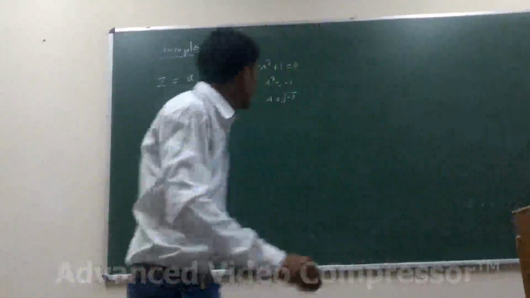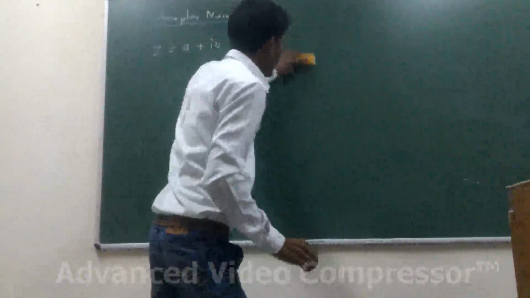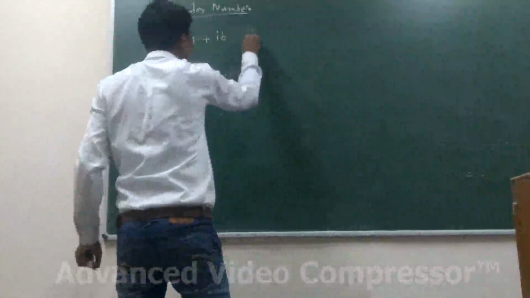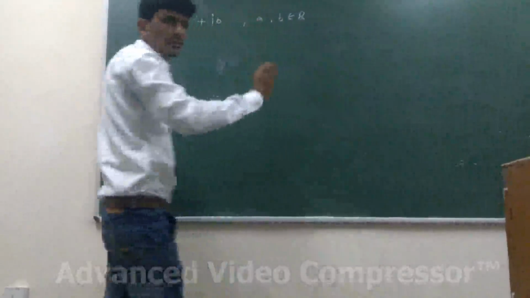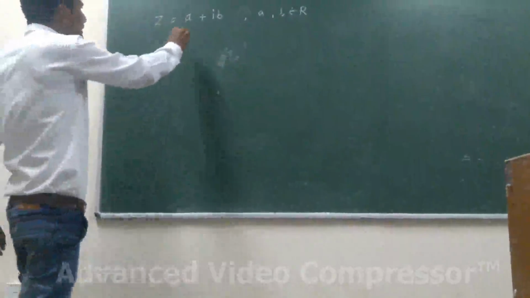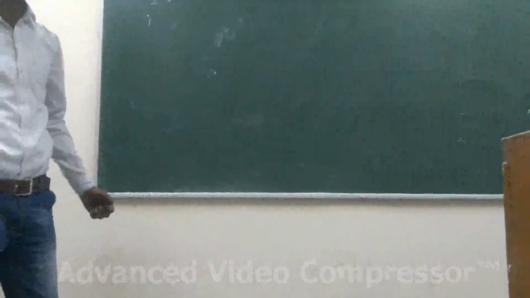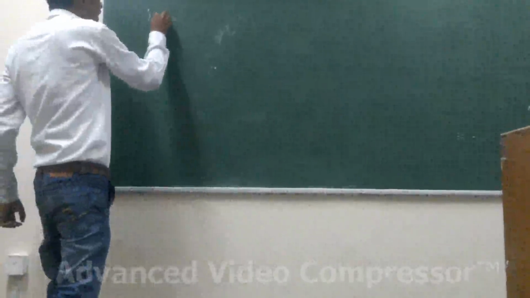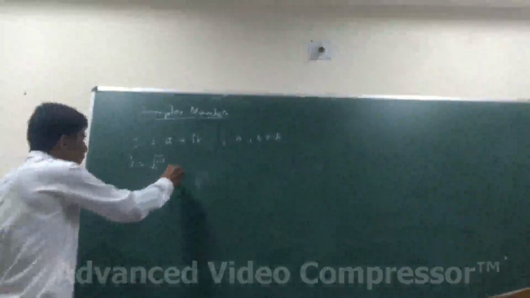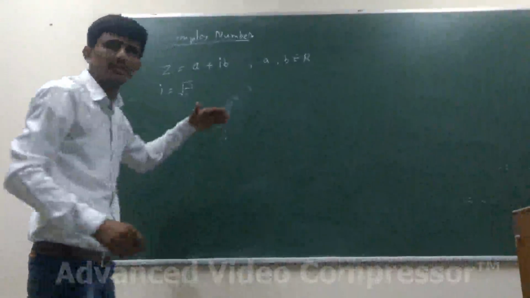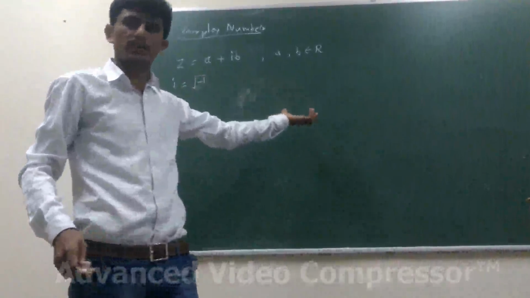Here, a and b are real numbers, and iota is the square root of minus 1. Iota is a complex coefficient, and it represents the square root of minus 1.